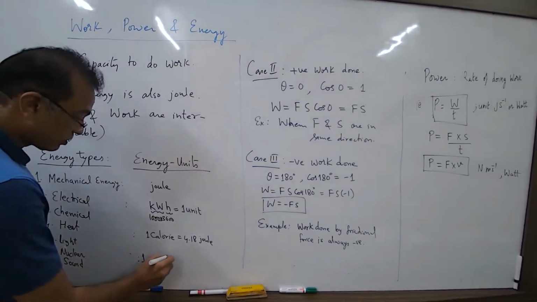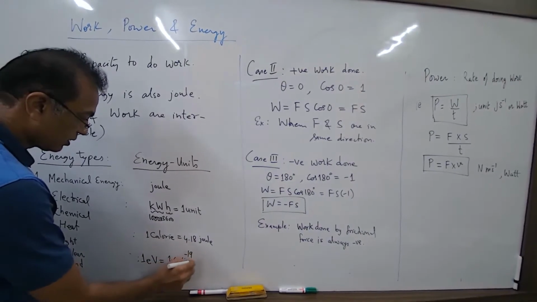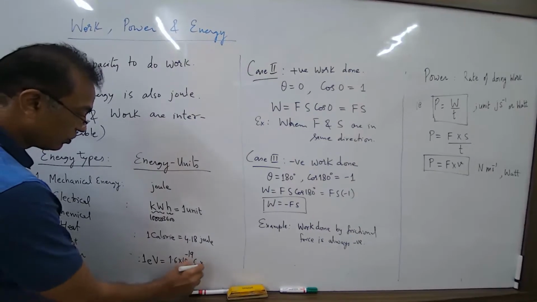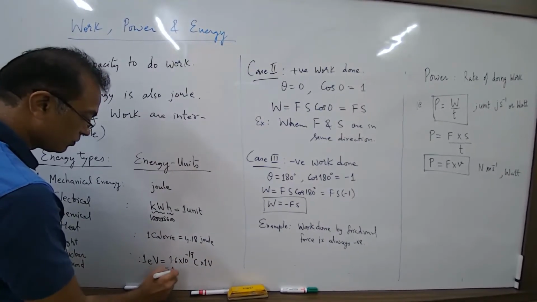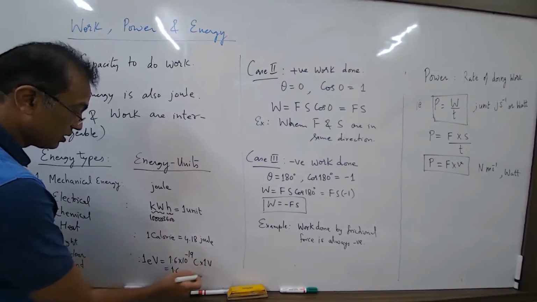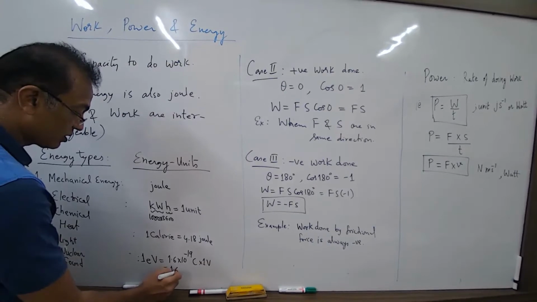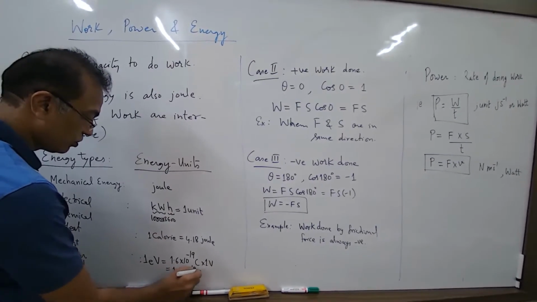What is the charge on the electron? 1.6 into 10 raised to minus 19 coulomb and into 1 volt. So this is joule. Coulomb is the SI unit for charge, volt is the SI unit for potential difference. So in SI, this will be joule.